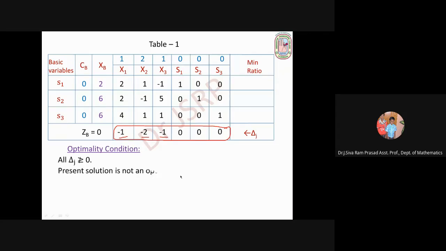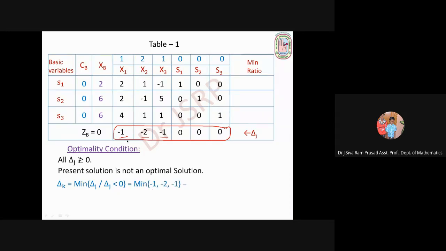So delta j is not greater than or equal to 0. So present solution is not an optimal solution. So we have to improve the solution. How to improve the solution? Find delta k equal minimum of delta j such that delta j less than 0.